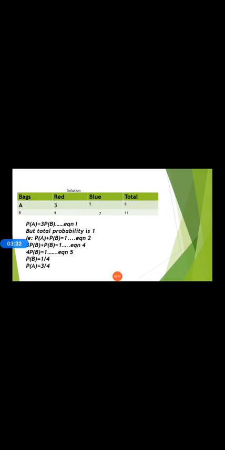If we solve equation 5, we shall have the probability of picking bag B. From there, we substitute it in equation 1. If we substitute, we shall get the probability of picking bag A as 3 out of 4.